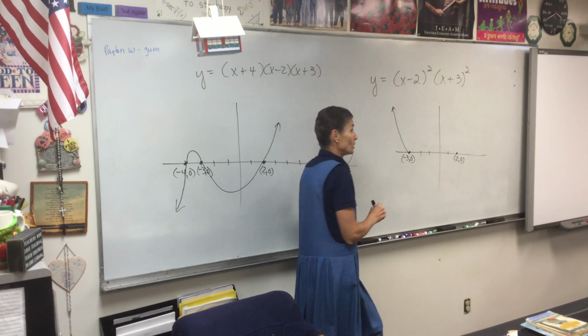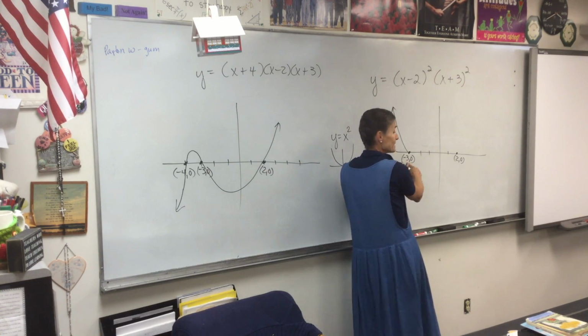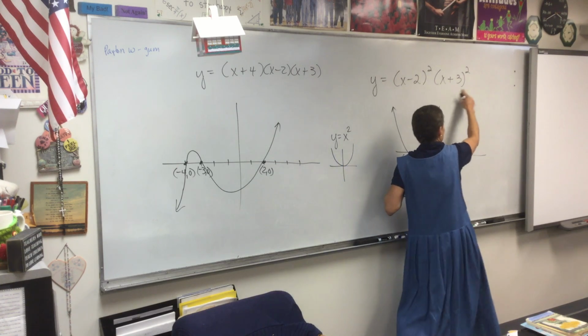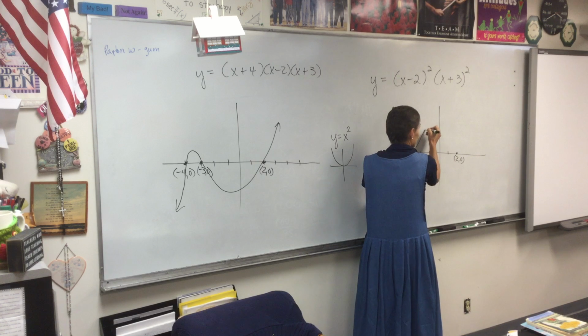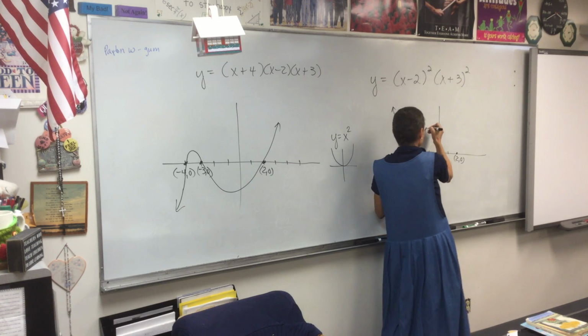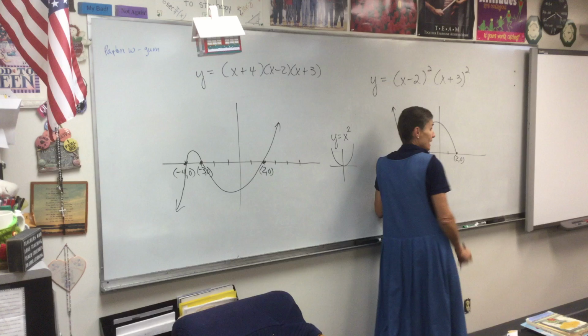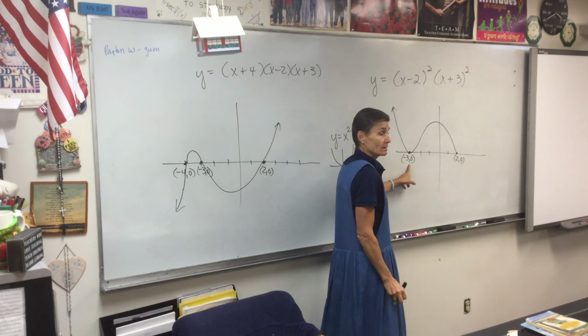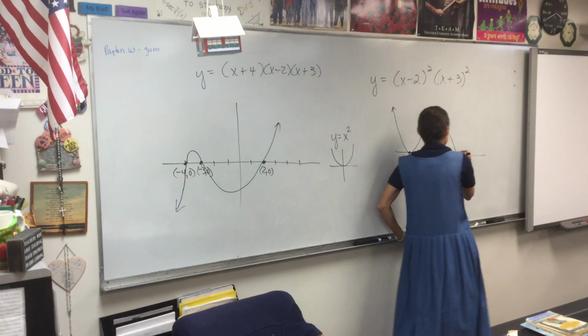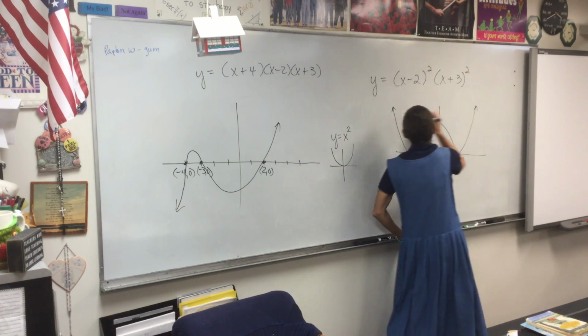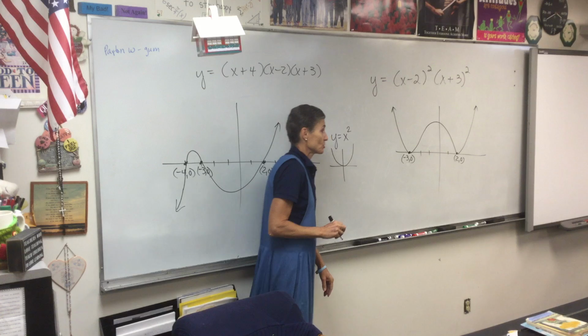Now, what's it going to do when it hits that dot that came from this factor? It's going to come up and someplace turn around and come back down, right? What's it going to do when it hits that dot? It's going to bounce right back off. And there is a picture of this one.